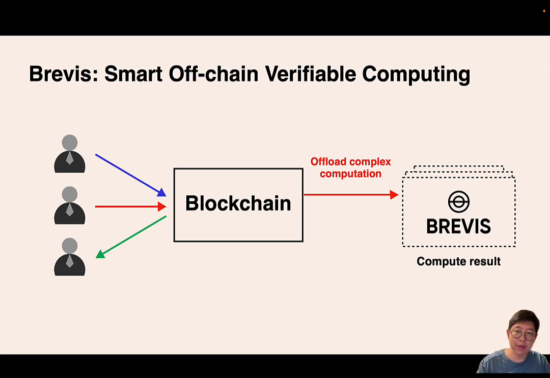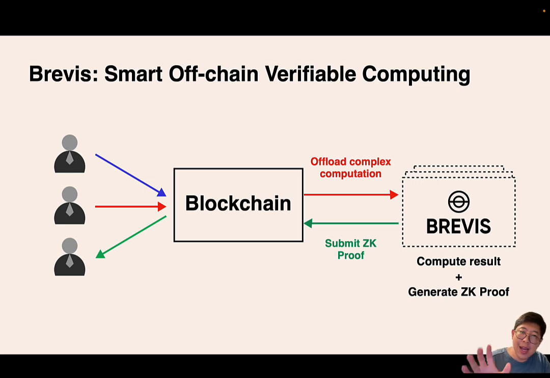And in this off-chain environment, you can generate not only just the computation result, but also a ZK proof of the computation. It is very important to note that the reason we want to generate the ZK proof is that because we can submit the ZK proof back to the blockchain, so that blockchain can verify the proof easily and cheaply on-chain directly. That's the magical power about ZK.